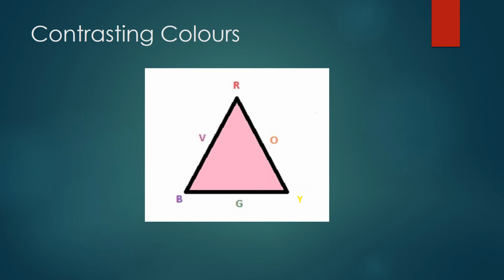So something that's on the point will complement something on the corresponding line opposite it. So red complements green, violet complements yellow, blue complements orange. Colours that are along the same line don't complement each other so well, and then you can use this as a way of contrasting colours within a composition.